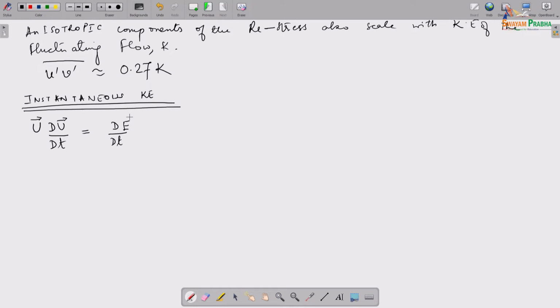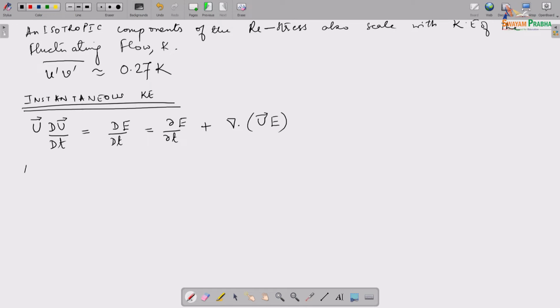energy, right, which is equal to the gradient of this. Okay.